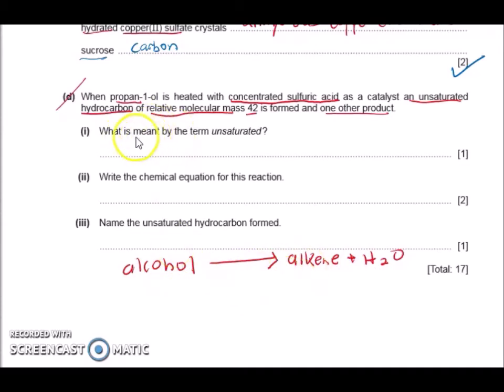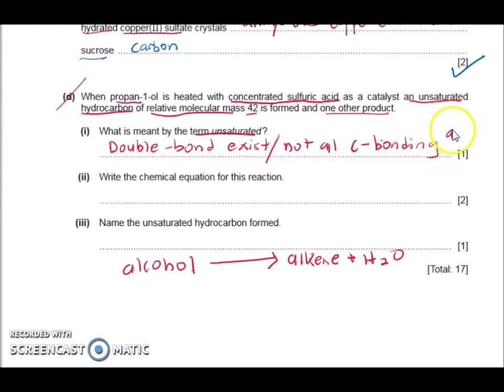All right. Okay, what is meant by the term unsaturated? It means there is a double bond that exists, or you can say not all carbon to carbon bondings are single.